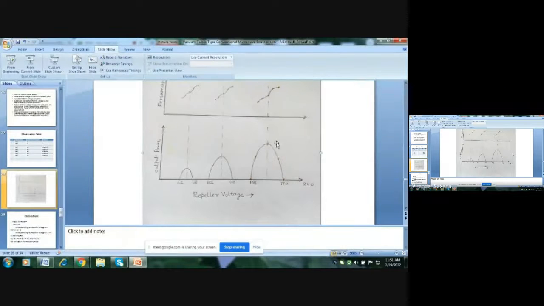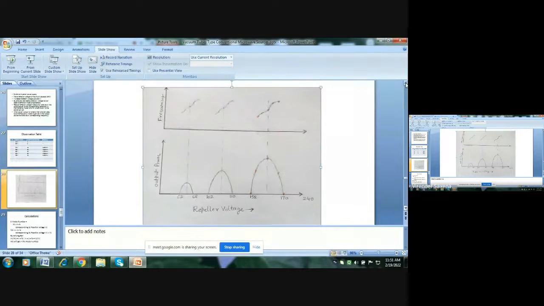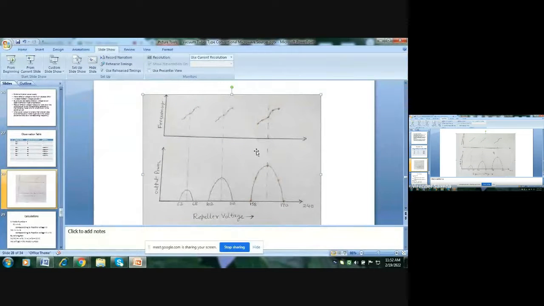So if we plot output power versus repeller voltage, we will get the curve like this. And similarly, if we plot frequency versus repeller voltage, then we'll get the curve like this. These are called frequency versus repeller voltage curves, and these are the characteristic curves of reflector voltage.